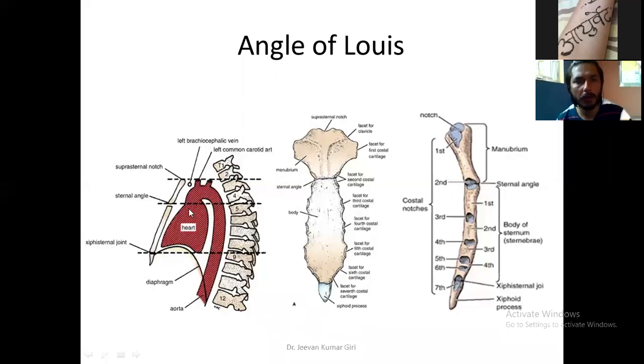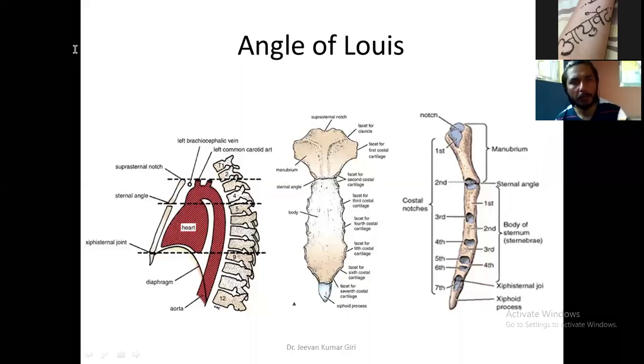Now we'll go for the boundary for each subdivision: anterior, middle, and posterior. Now that we have made the boundary of the whole inferior mediastinum, we'll go for the individual subdivisions. The first subdivision is the anterior mediastinum.